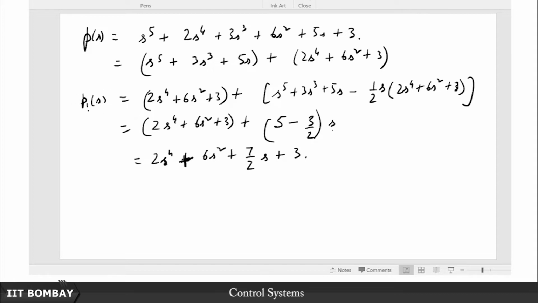If it does not satisfy the interlacing property, neither does P(s), and if P(s) does not satisfy the interlacing property, P(s) also does not have all its roots on the open left half plane, hence you have the answer. So for the purpose of answering the question which we started with 3 lectures back, that is well and truly answered at this point.